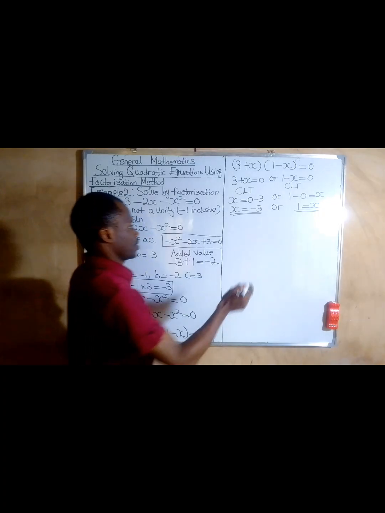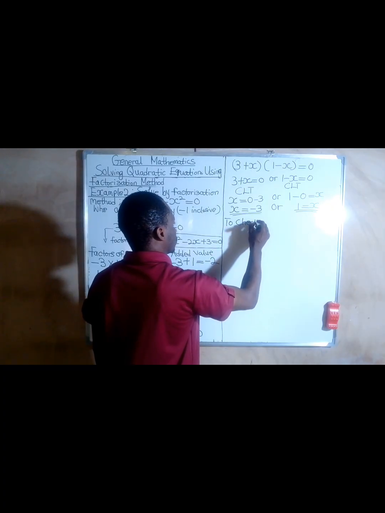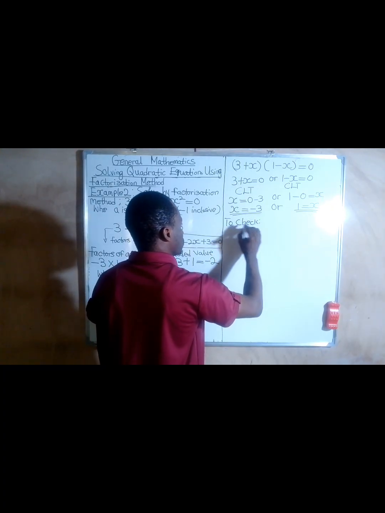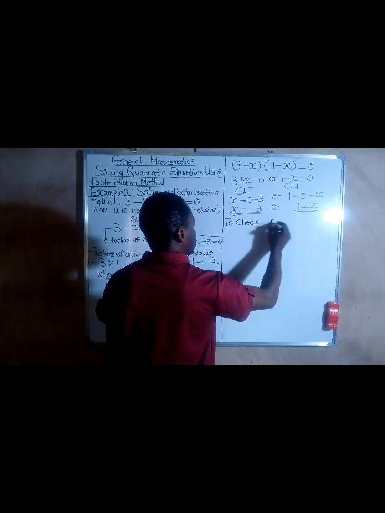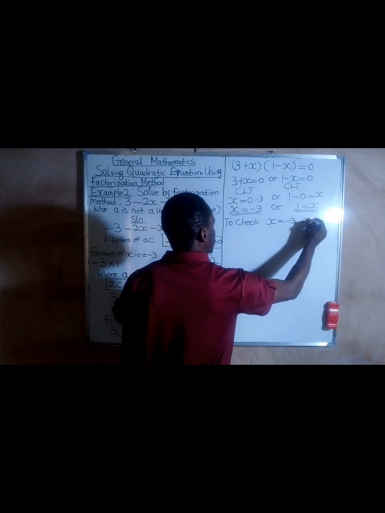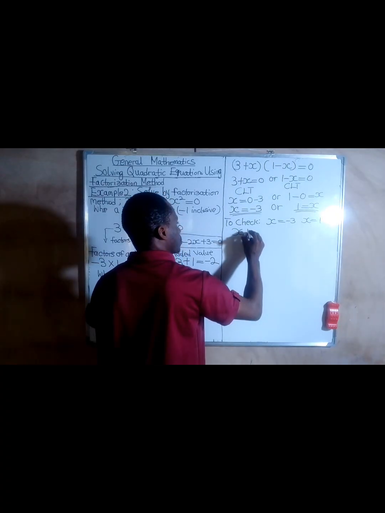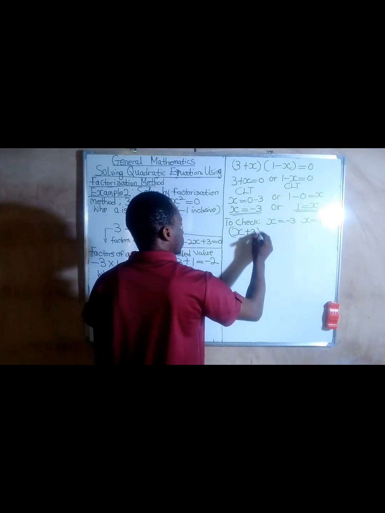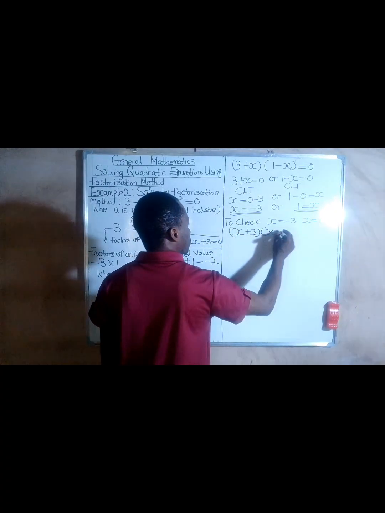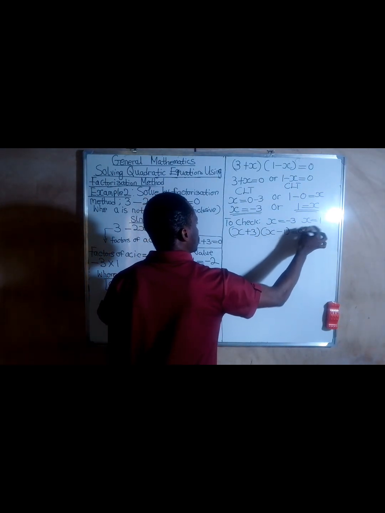Should we check? Let's try that. To check, because you have to learn this very well. x equals minus 3, x is equal to 1. So bringing it inside, plus 3 bracket x minus 1, that's equal to 0.